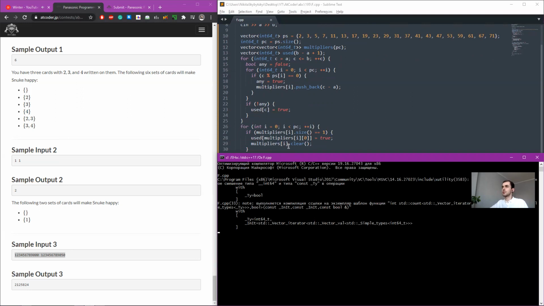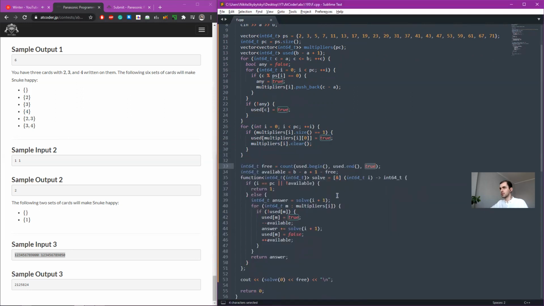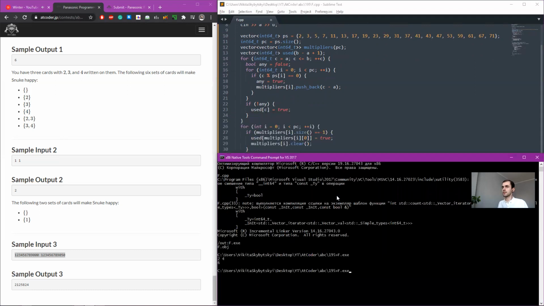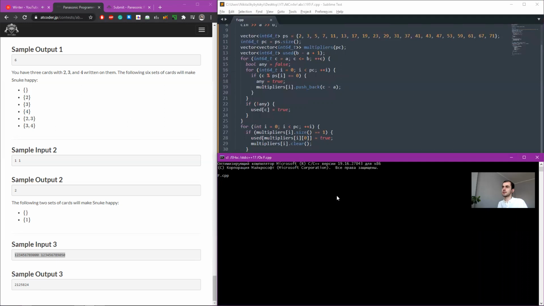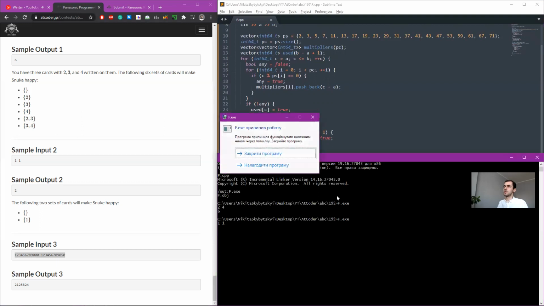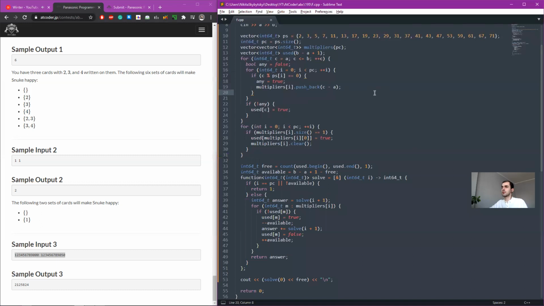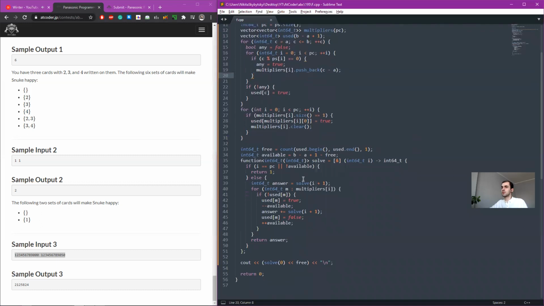What is wrong? Boolean not searchable. If you tell me that int is not searchable in instance, okay. Why did you do that to me?